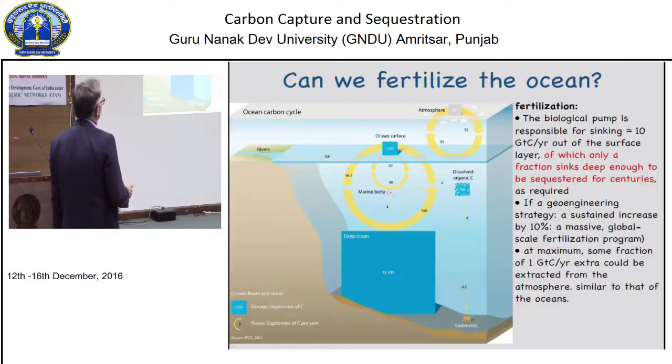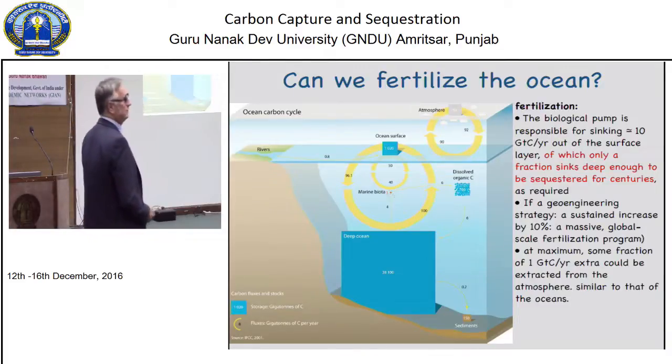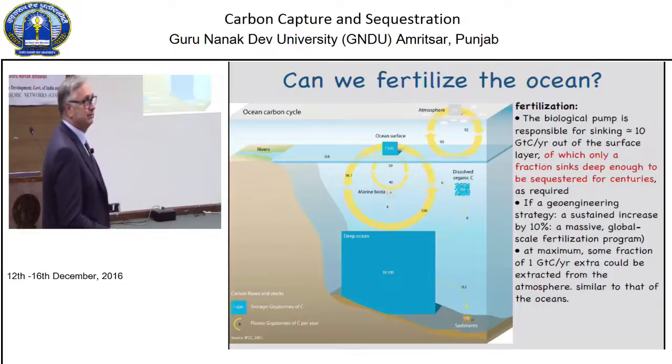And so if we're going to do this, then we also need to build a lot of pipes to move a lot of the water around so that we can get these degraded materials down to the ocean floor. And so this would be a massive global scale fertilization and piping problem in order to move these around.